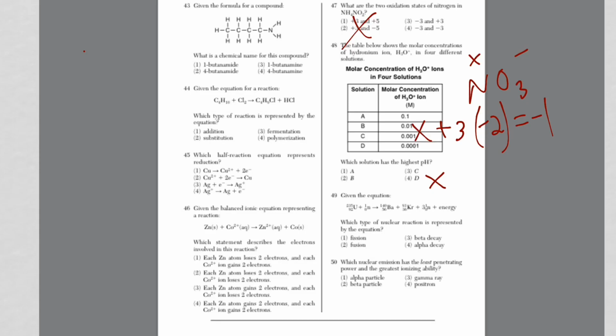So I have X - 6, which is equal to -1. X is equal to, I have +6 on both sides, so that's going to be +5. Okay, so I totally messed up question 47.